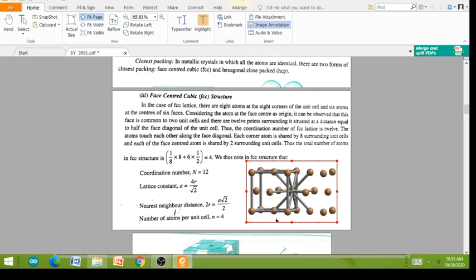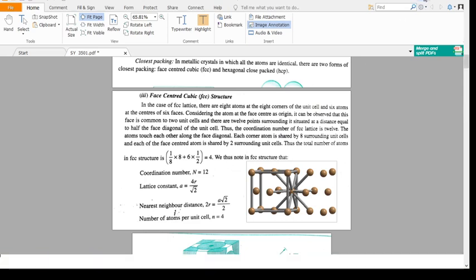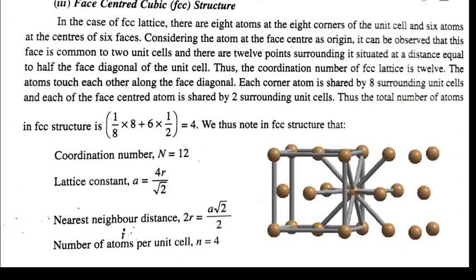This is the back side, this is the front side, this is the bottom side, then this is the right hand side. So here there will be another FCC, right? And if I coordinate the atom of the joining wall, then 1 2 3 4 in the middle plane, 1 2 3 4 on the top plane, and 1 2 3 4 on the bottom plane. So total 4, 4 and 4. So total 12 is the coordination number we are visualizing here.